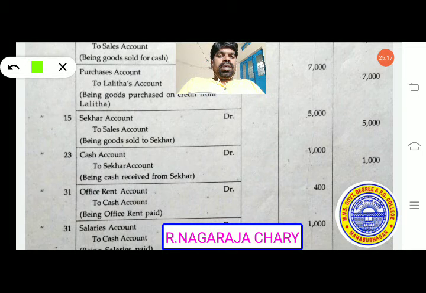So, Shekhar account debtor to sales account.